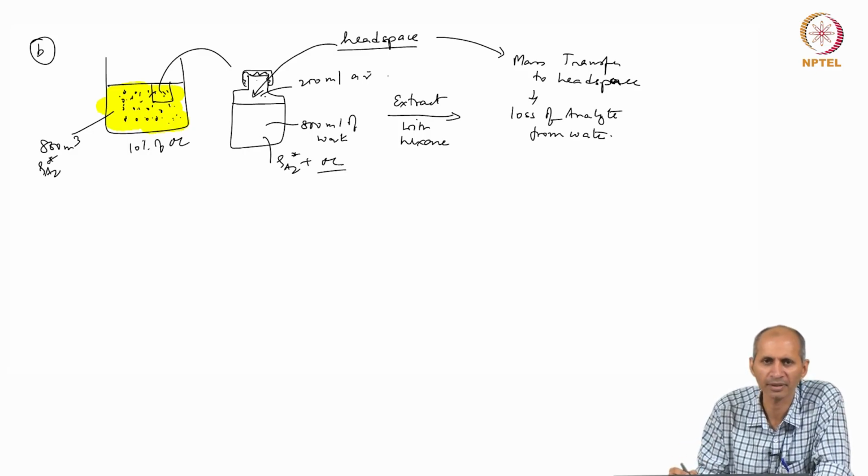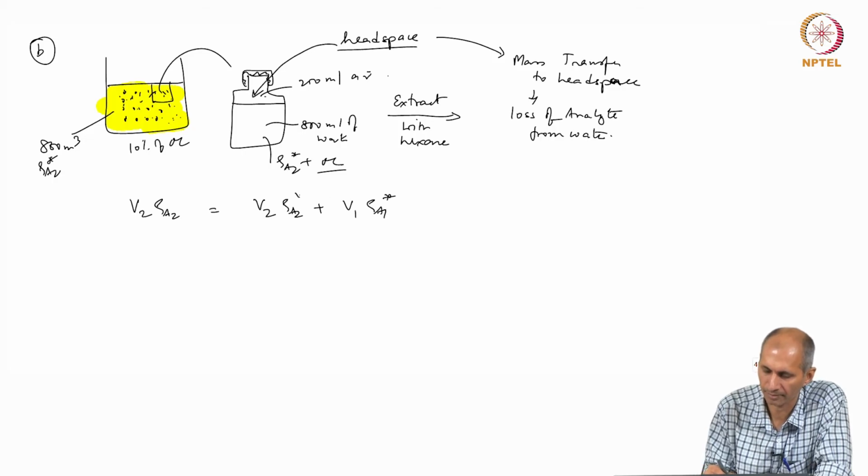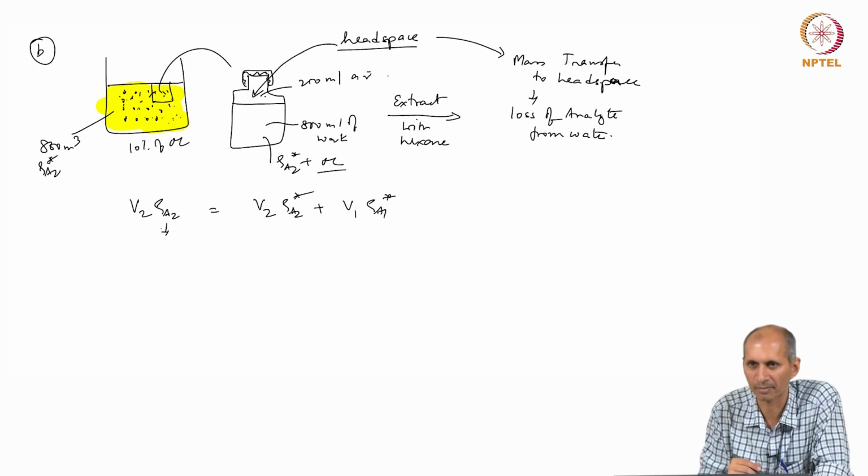It is a very simple calculation, it is a mass balance again. The original mass balance is V2 rho A2 equals V2 rho A2 star plus V1 rho A1 star. This rho A2 is the rho A2 star from the previous problem.